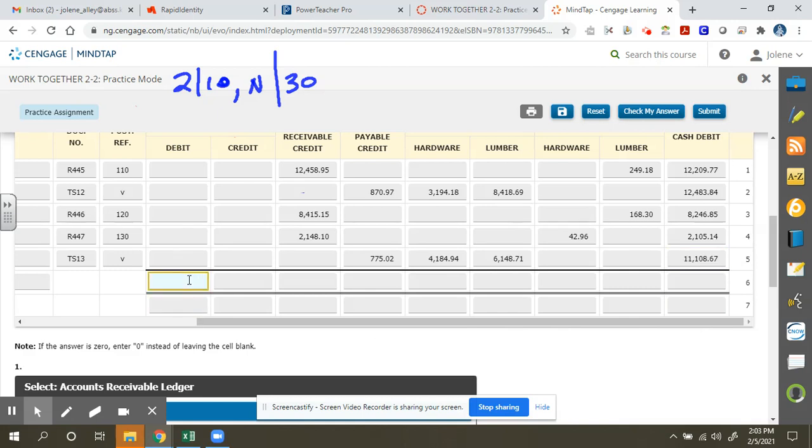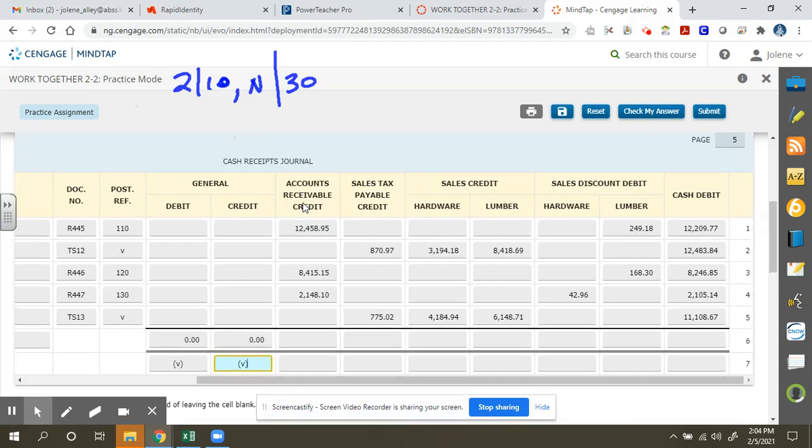So here we have a 0, and here we have a 0, right? And up above, it says to put this in there. Accounts receivable credits. We got to add this up and put this in here.